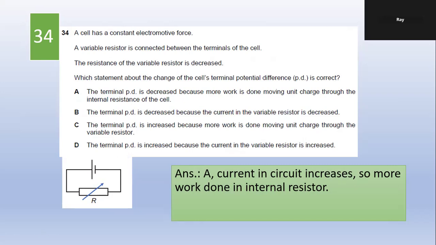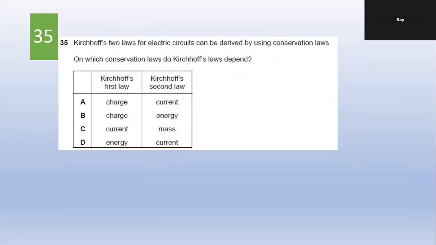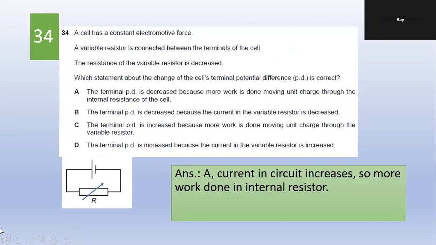Yeah, the current increases, but there's no more work done. Okay, I get it. Because D and A are quite similar, both say the current increases. B says the terminal potential difference is increased because the current in the variable resistor is increased. Current increases, but this one decreases.